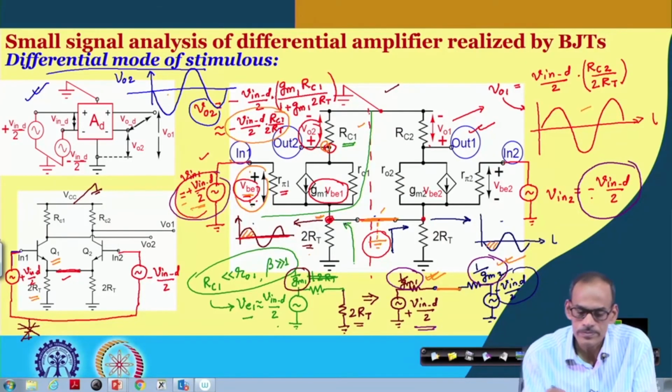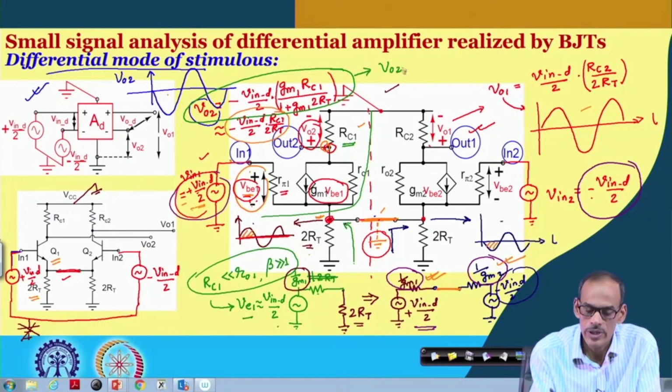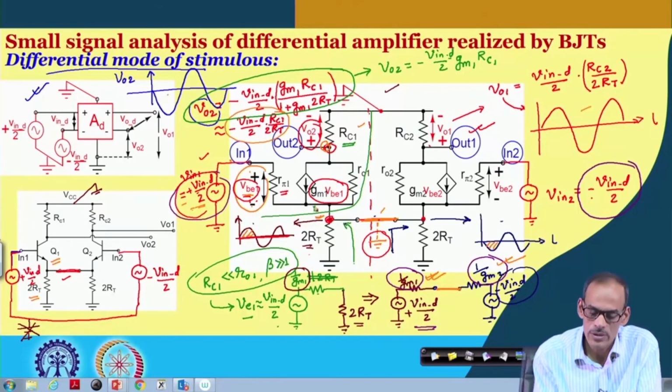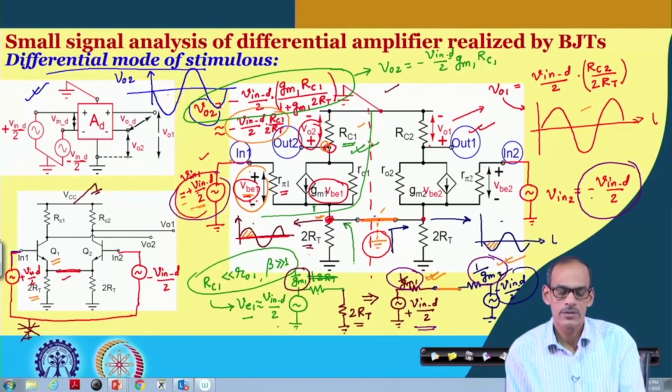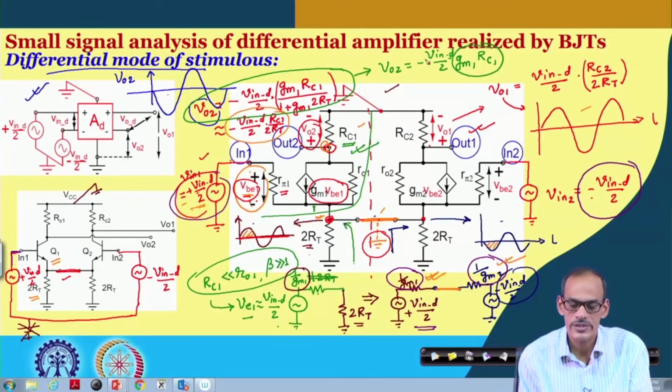It becomes VO2 equals minus Vin_d/2 times gm1 times RC1. Why? Because now, if this node is ground, this circuit becomes the same as a common emitter amplifier, and we know a common emitter amplifier's gain is gm times RC, where RC is the load.